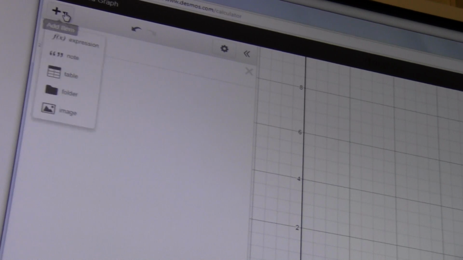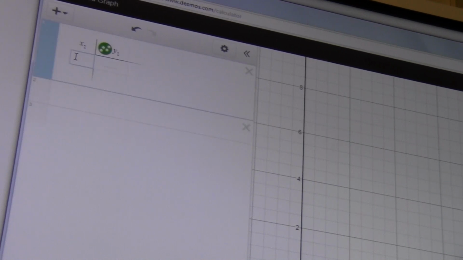Then we're going to add data, and we're going to add it in a table. We're going to add the ordered pairs that you have, and we're going to be putting those in a table. So the first x point is 1, and then the y value is going to be 2. So from the ordered pair, we're now going to a table. You always need a table in order to do a regression. And then you have 2, and then 4.